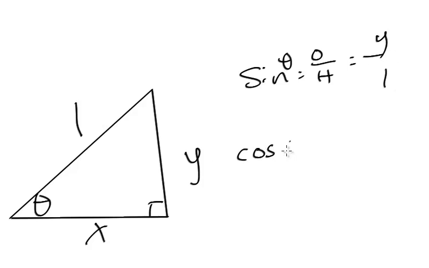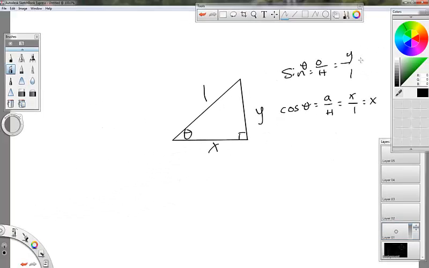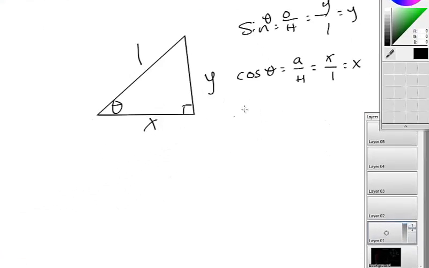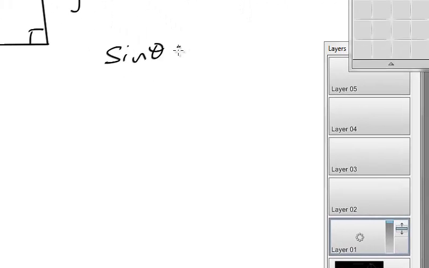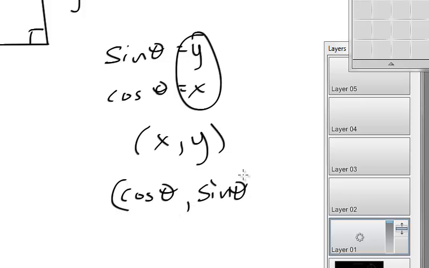And the cosine of theta, which is adjacent over hypotenuse, would be x over 1. So we can say, therefore, the sine of theta equals y, and the cosine of theta equals x. So the xy coordinate would be cosine theta, sine theta. You just got to know that. You got to be able to do that.